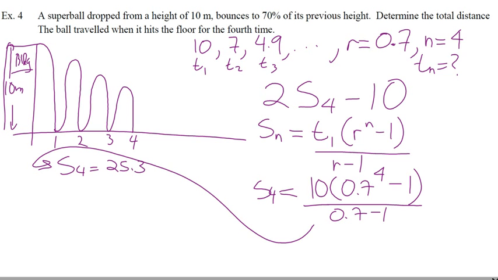Just 3, 3, 3? There's 2 threes. Like this? Yeah. That's it? Okay, cool. I'm just surprised it's exact, that's all. But that's good. You don't have your calculator set to round to 2 decimal places or anything, right?